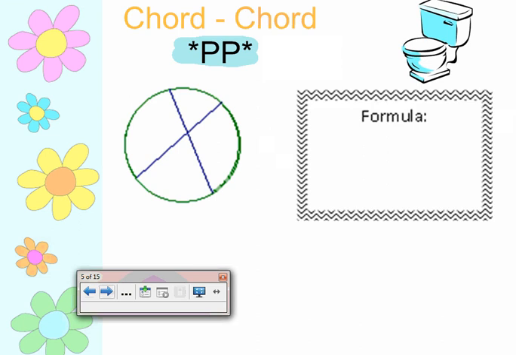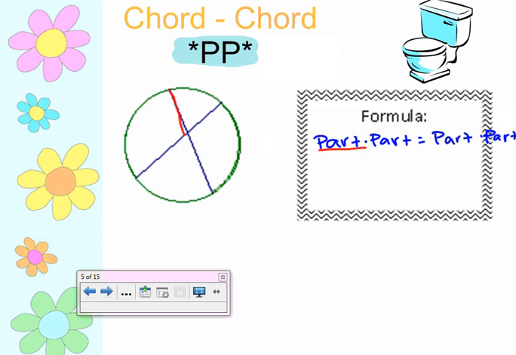Okay, so our formula is actually going to be our part times our part being equal to our part times our part. And what I mean by that is we have a part of a segment here, so that's this part. Then we have a part of a segment there, being that part.